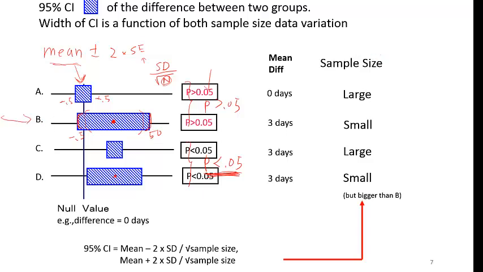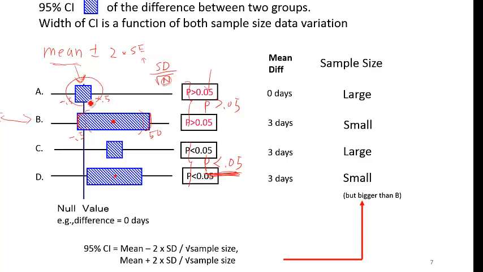So this one, scenario B, is a p-value greater than 0.05, but you can't really tell whether the difference is 3 or 0 or 6, and so you just don't have evidence to judge the difference. So that's not the same as equivalence.